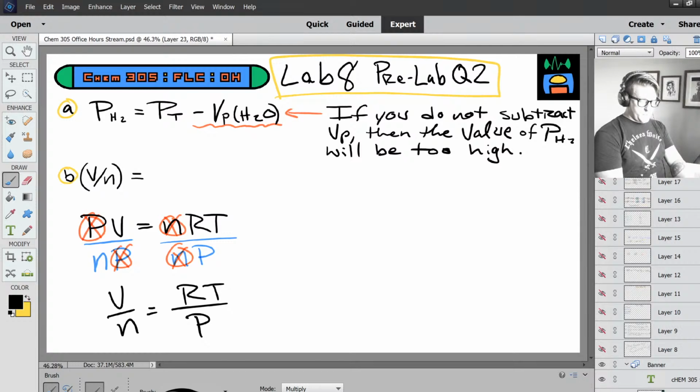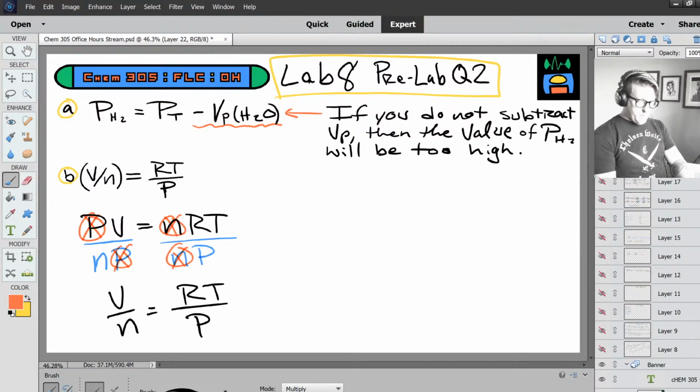So since the molar volume equals RT over P, oh wait, hang on. RT over P. They're asking how the value you calculate for the molar volume of hydrogen would be affected by this.